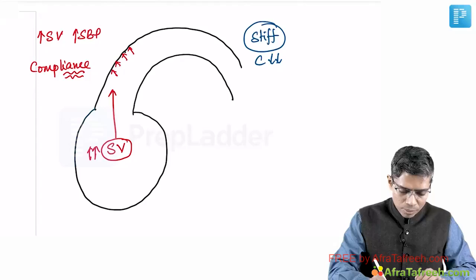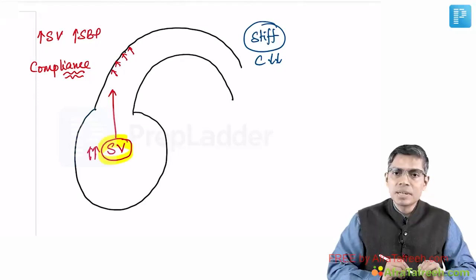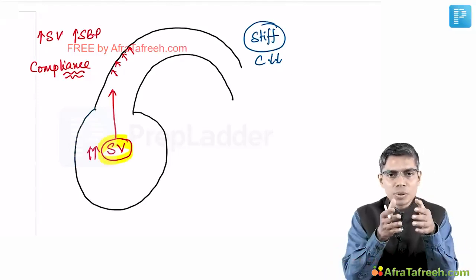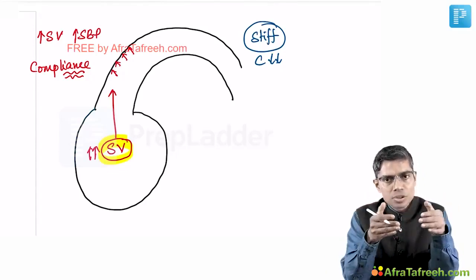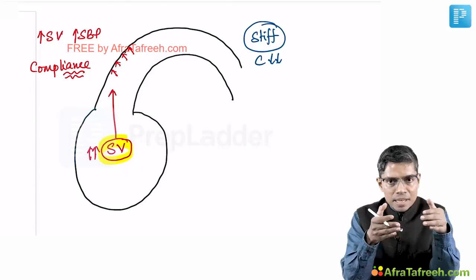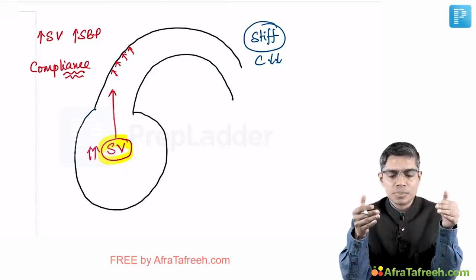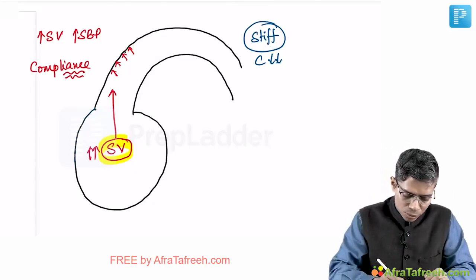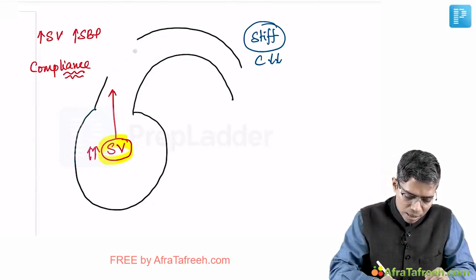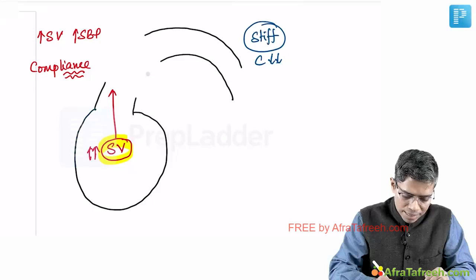So what is happening whenever the stroke volume is ejected by the ventricle, the arch of aorta is also expanded proportionate to this stroke volume. There will be expansion of the arch of aorta because it contains a huge amount of elastic tissue. So whenever you are ejecting stroke volume, this arch of aorta will also get expanded.